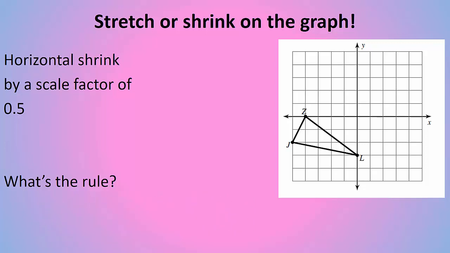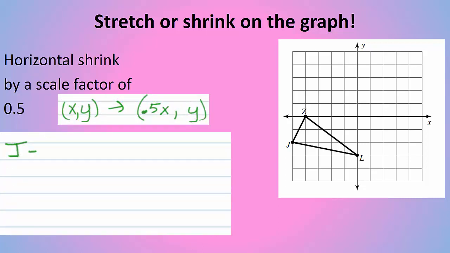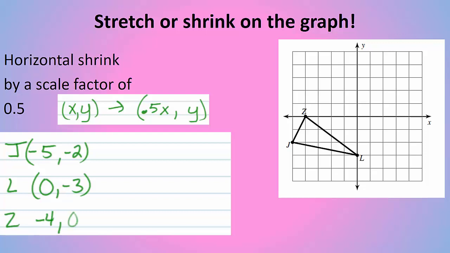Now, just like our previous problems, it's helpful to identify the ordered pairs. So we'll have a J at (-5, -2). We'll have an L at (0, -3). And we'll have a Z at (-4, 0). And just like we did with the previous dilations, we're going to plug our values in.